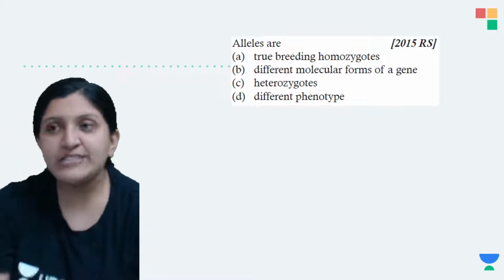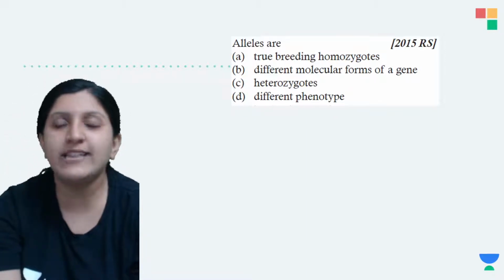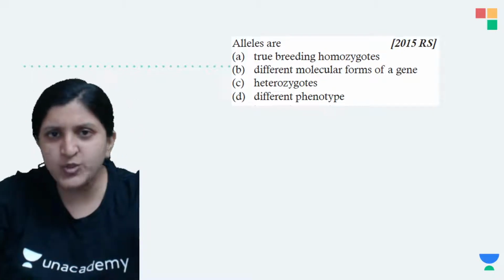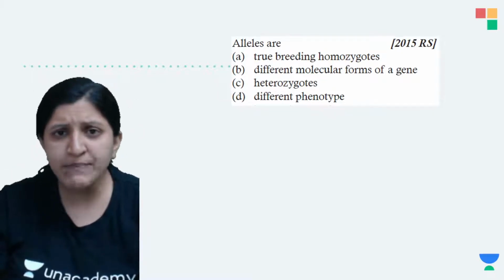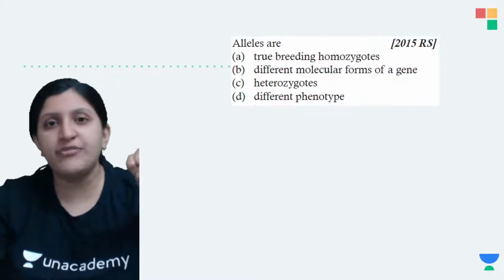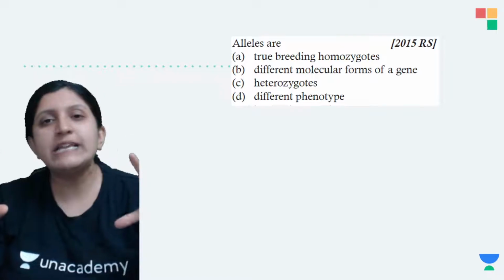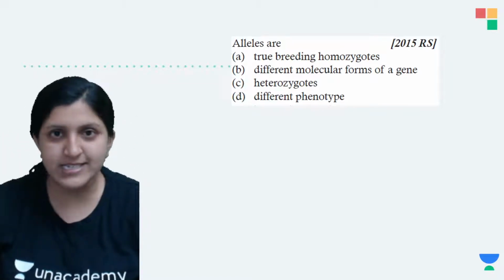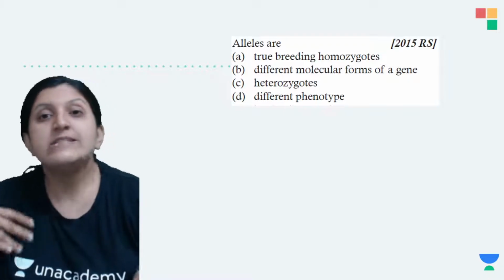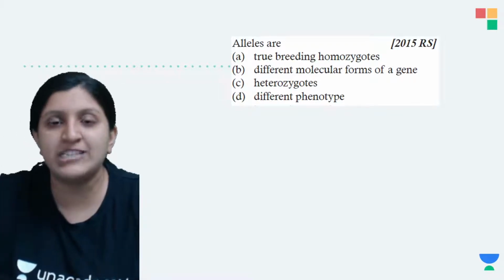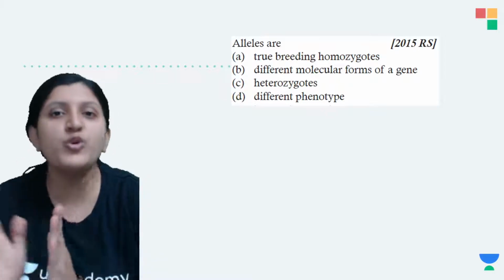What is cell differentiation? Cell division occurs: a cell is there and it divides into two cells. Now they have to undergo a particular function. In certain cases they just continue the cell division and go on dividing. In certain cases, after the cell division they go for cell differentiation, which means they go to work.